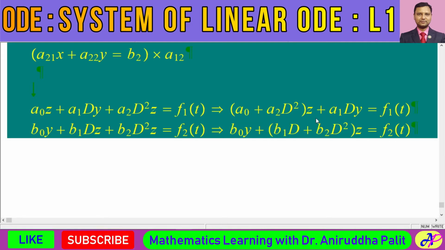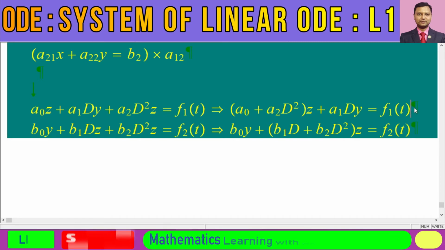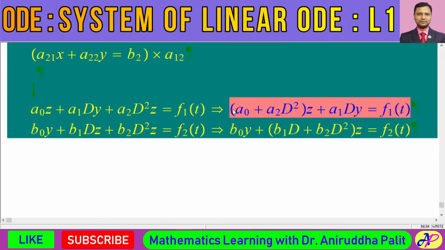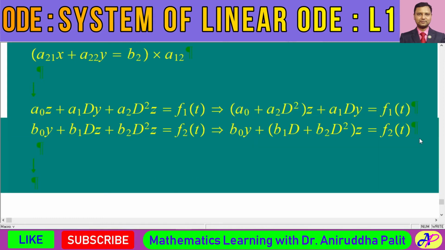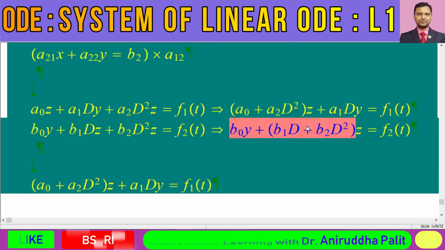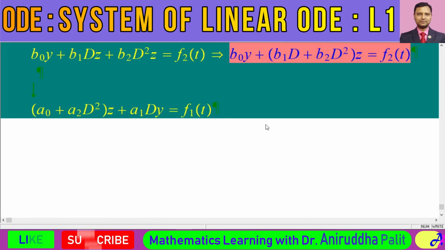Just in order to eliminate this z, let me write it this way. This is one differential equation and this is the second differential equation.